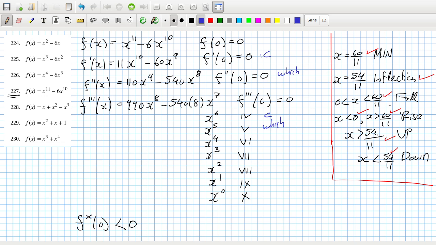The second derivative is 0, so it could be a saddle. Go on to the third one. Third one is still a 0, so it fails. And we have to go back to the start. So this one tells you critical, which type it is, and a fail.